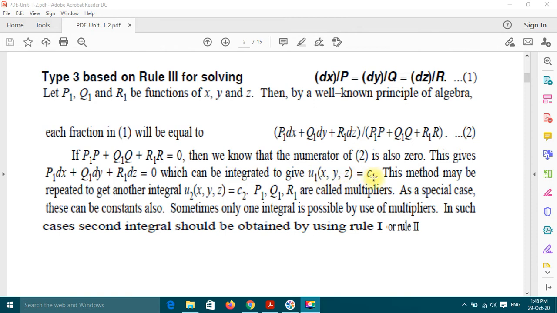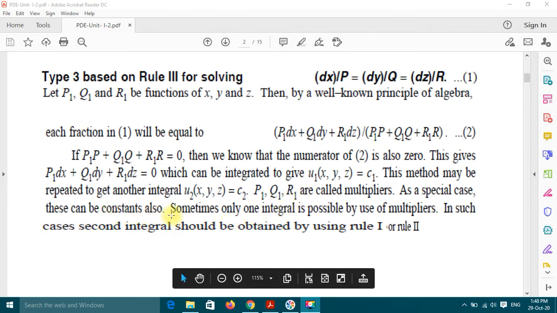Now we repeat this method and find the other solution of the partial differential equation, u2(x, y, z) is equal to c2. c1 and c2 are arbitrary constants, and the P1, Q1, R1 are called the multipliers. As a special case, these can be constants also.